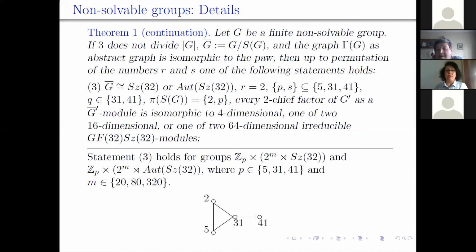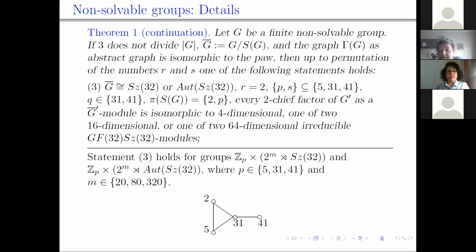Oh, I see. And we look for new methods to work with the Gruenberg-Kegel graph. And we have some interesting methods for this case. I see. Good.